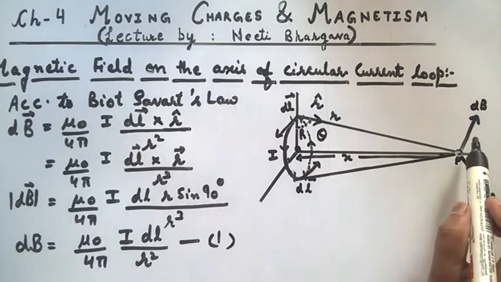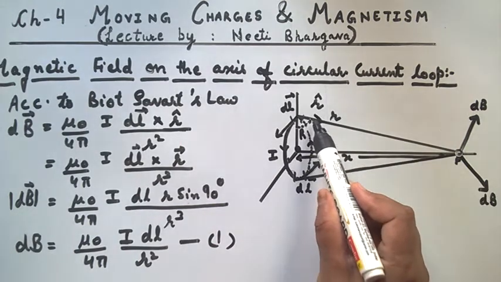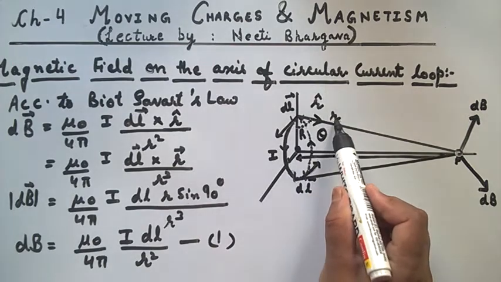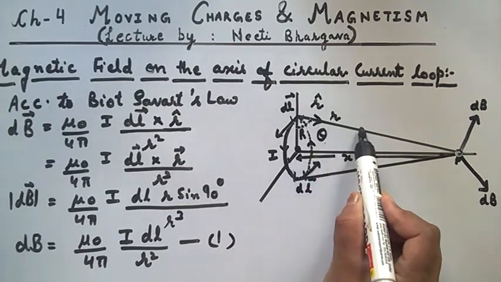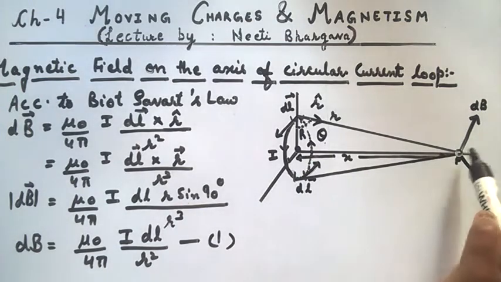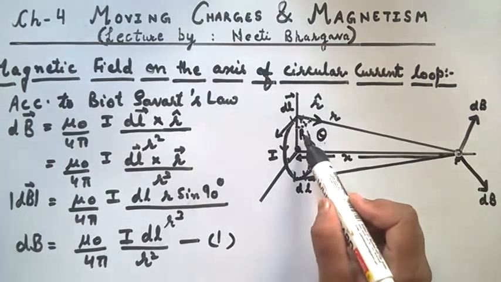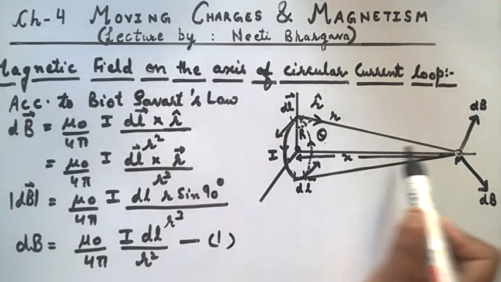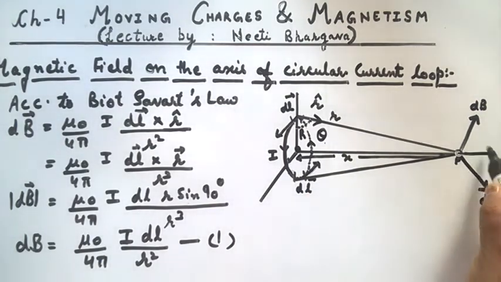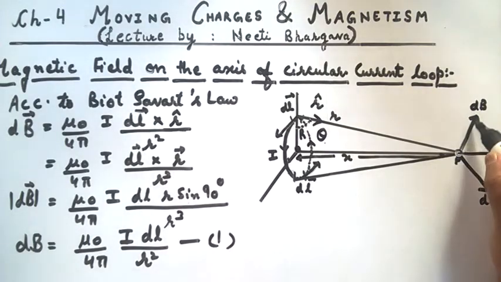Here we can see that r and r are making an angle theta. So the perpendicular of this line segment is this one, and the perpendicular of this r is this one. So these are two perpendiculars, and this is also angle theta.